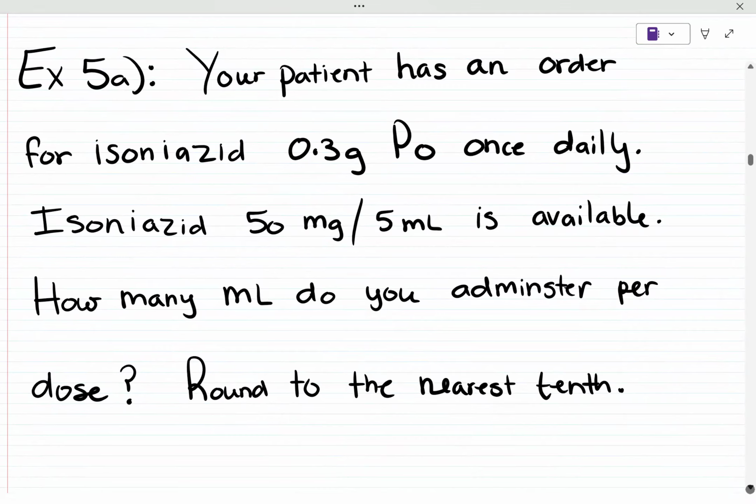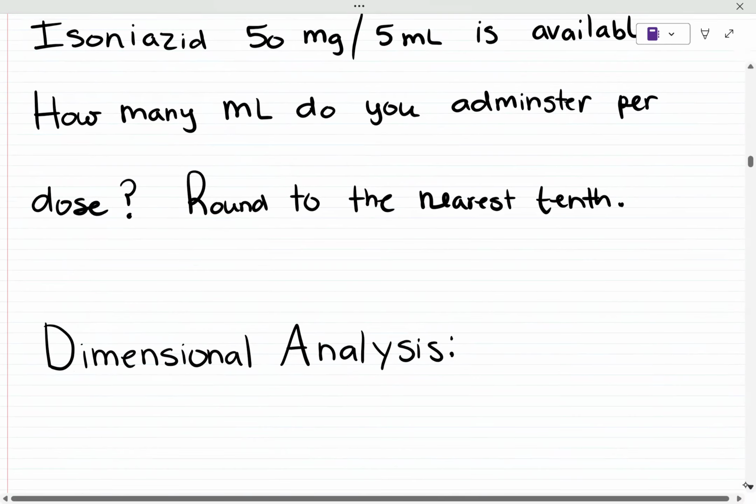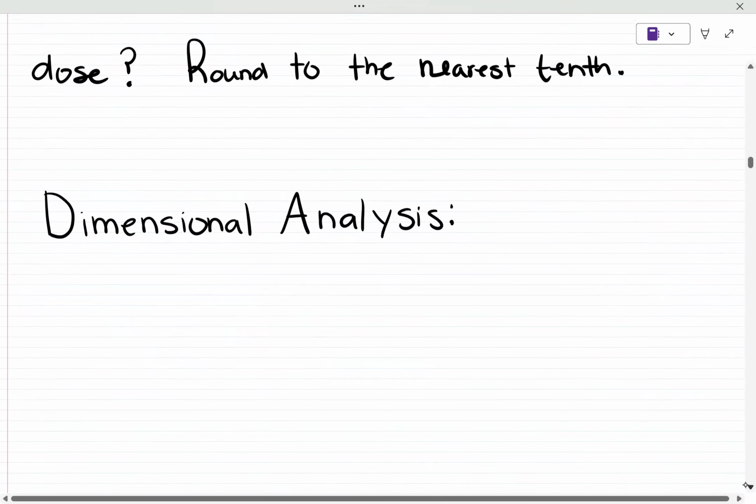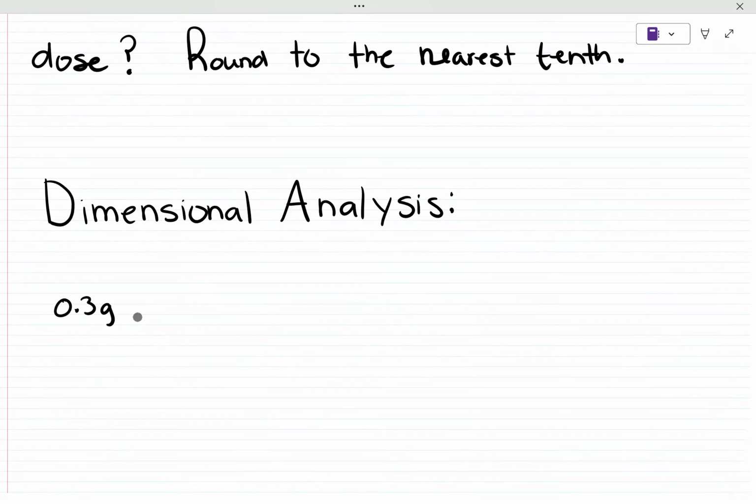Round to the nearest tenth. Your final unit shall be in milliliters. So let's do dimensional analysis. We have 0.3 grams times, and then you could put grams on the bottom.